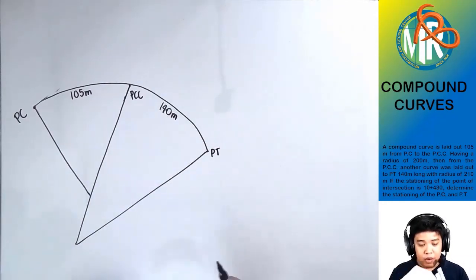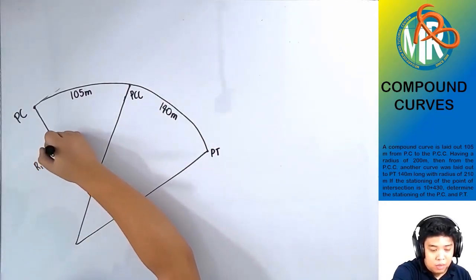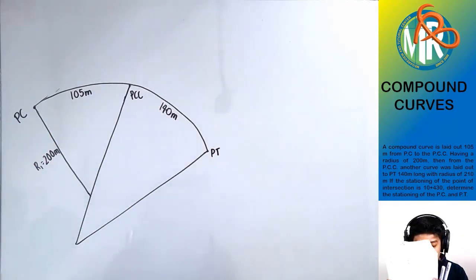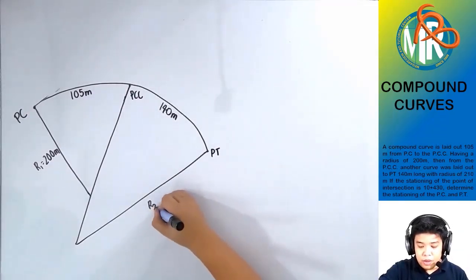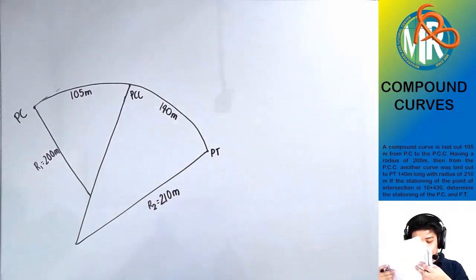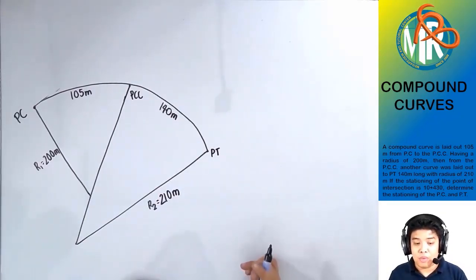The radius of the first curve, R1, is 200 meters, and the radius of the other, R2, is 210 meters. The stationing of the point of intersection is located at 10 plus 430.